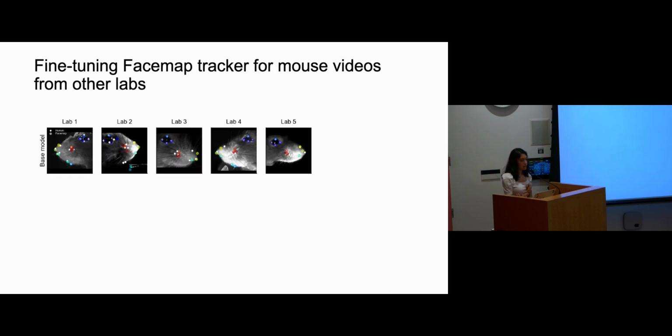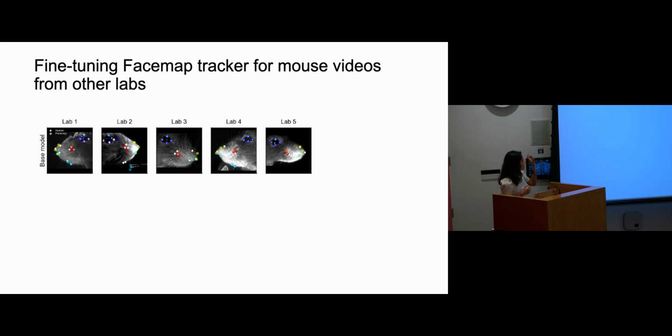So then comes back to the point where we wanted something that we can use across different experimental setups. We asked other labs at Janelia and elsewhere, just reaching out to people at conferences, if they can share their data so we can try out our model on how well this works.